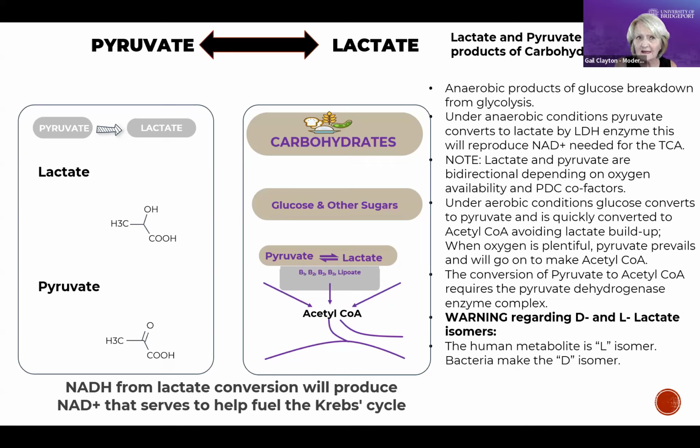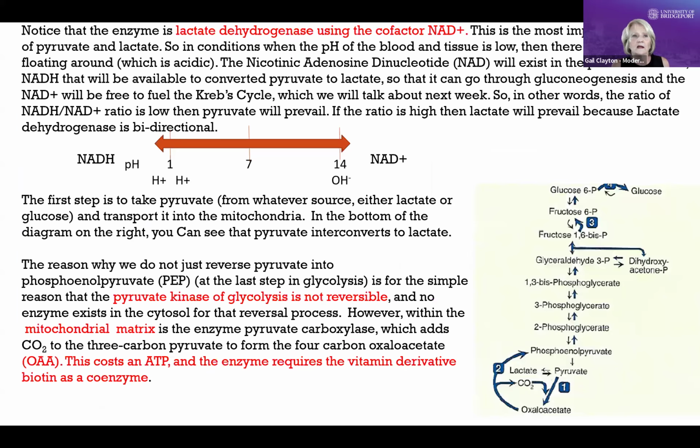But I do want you to remember that when we're making lactate, one of the principal reasons is to regenerate the NAD plus that helps to fuel the Krebs cycle. Notice that the enzyme lactate dehydrogenase is using that cofactor NAD. That's the most important regulator of pyruvate and lactate.